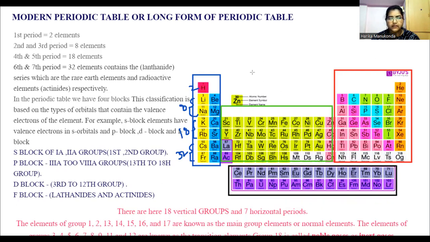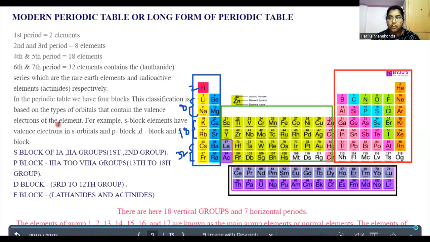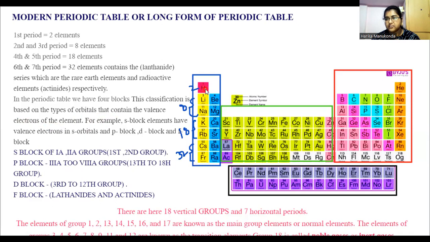Why are the names given? What is the significance of scientists giving these names? Because in the periodic table the classification is based on the type of orbitals that contain the valence electrons of the element. If you take hydrogen, the valence electron stays in the s orbital. That's why hydrogen is placed in the S block.